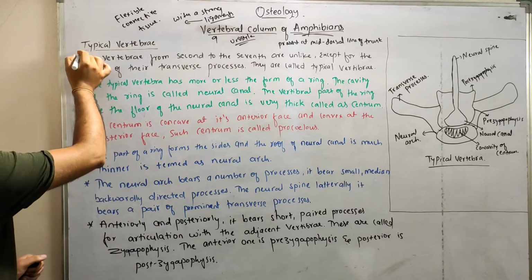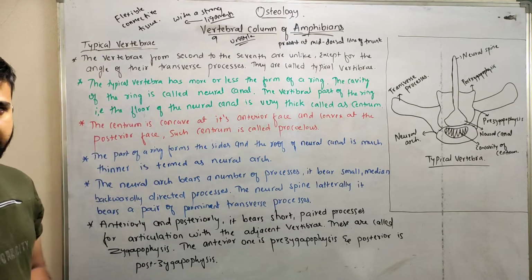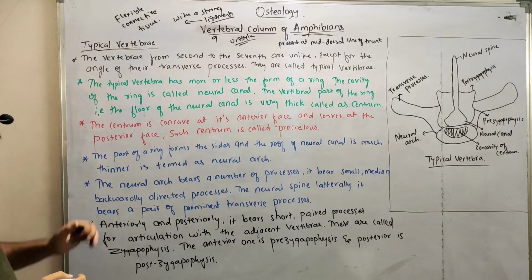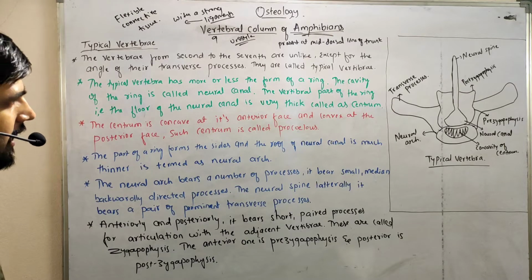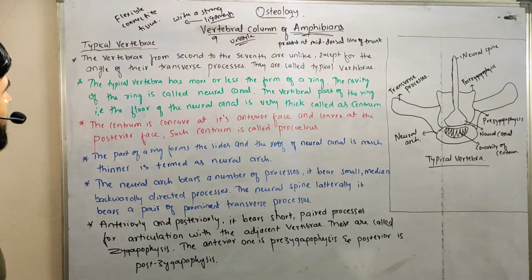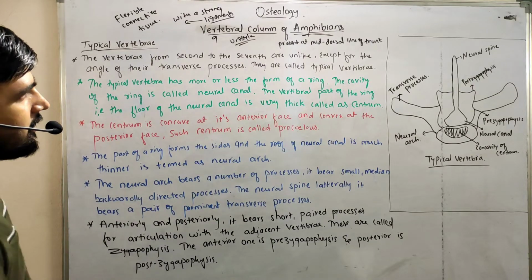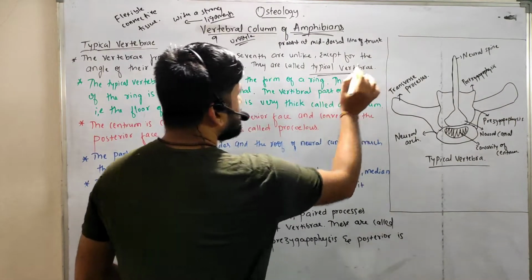First we have the typical vertebrae. The vertebrae from the 2nd to the 7th are alike except for the angle of their transverse process.